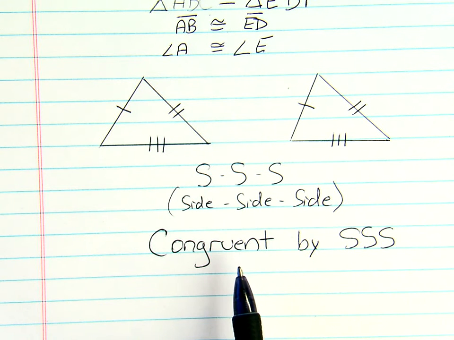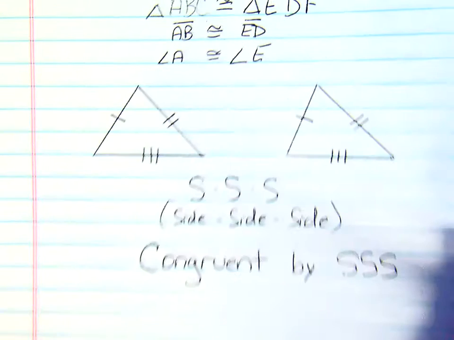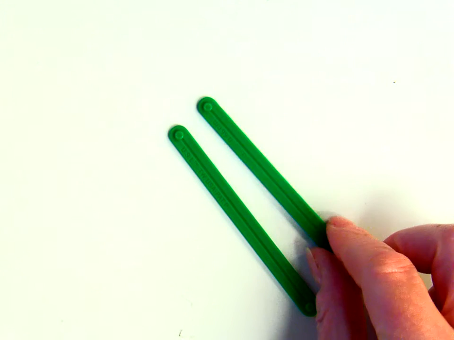So what happens here is that if you, and I'm going to move this for a second, okay, and I'm going to take out my legs here, and let's say I've got two green sides that are congruent.